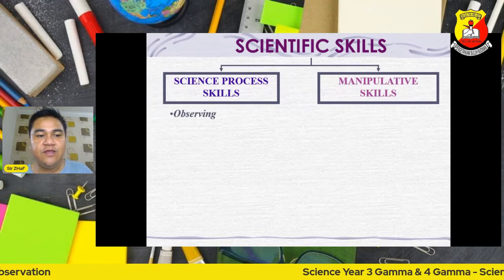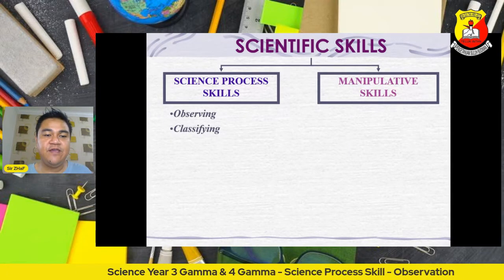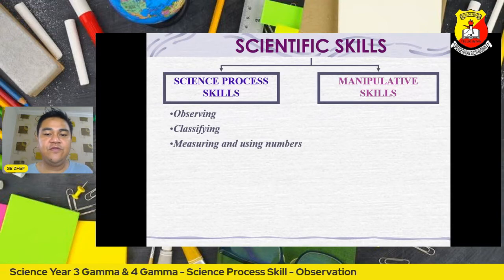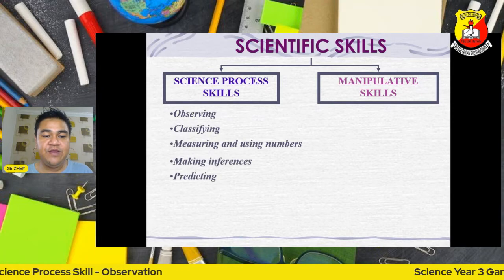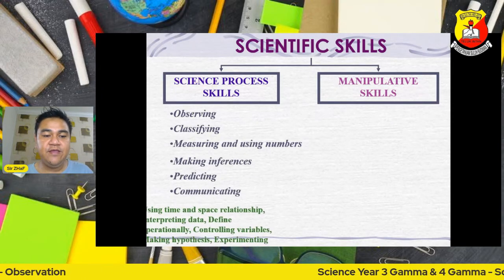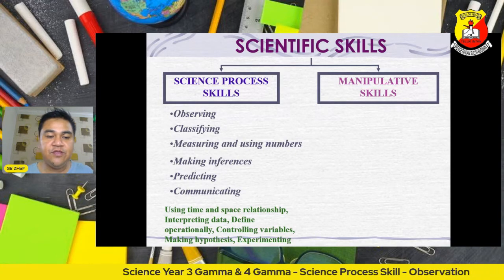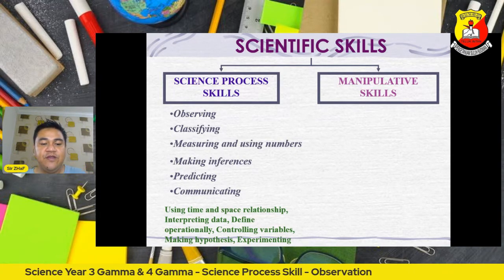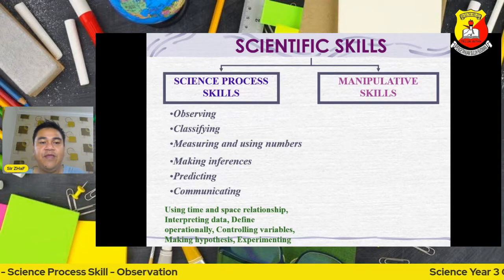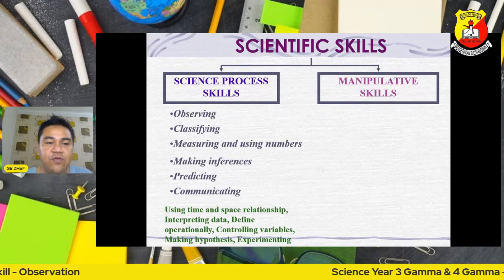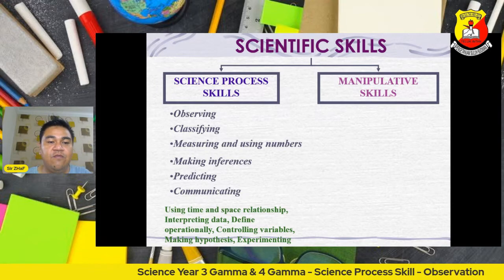For science process skills: observing, classifying, measuring and using numbers, making inference, predicting, communicating, using time and space relationship, interpreting data, defining operationally, controlling variables, making hypothesis and experimenting. But today you will learn about the first science process skill, observing.